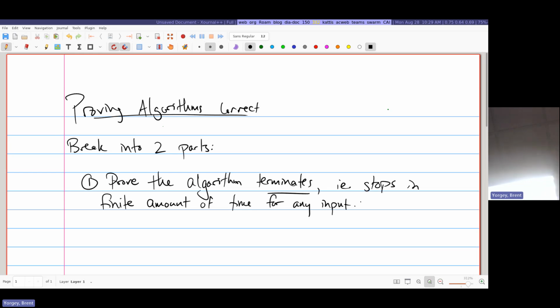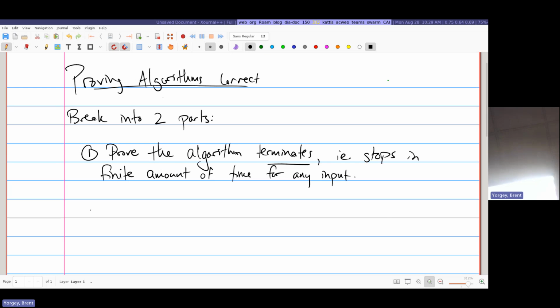Maybe you could make this a little more precise and say there are certain inputs we don't care about, and it's okay if it runs forever on those, but for the subset of inputs we care about, it runs fine. We can make that distinction if we need to, but typically we want our algorithms to stop in some finite amount of time.